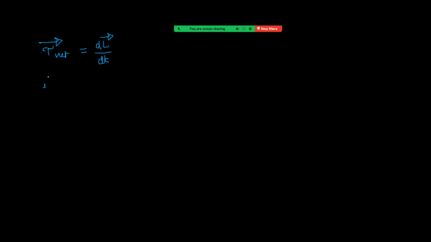If the net torque on a system is zero, that implies L bar is a constant, because the derivative being 0 means it is a constant. So the angular momentum of the system is a constant if the net torque on the system is zero. This is known as the law of conservation of angular momentum.